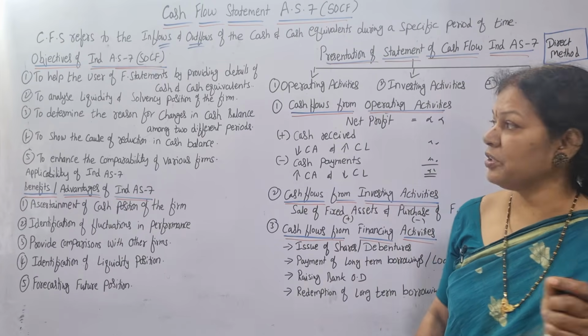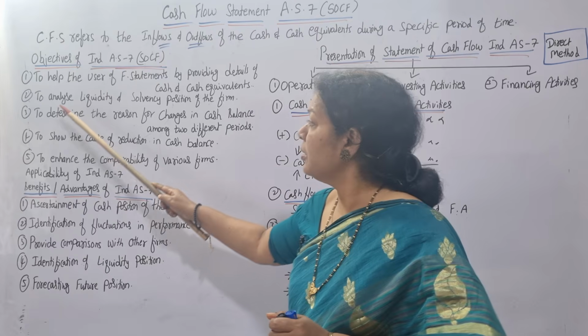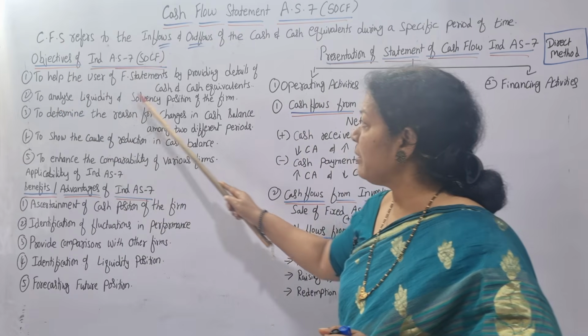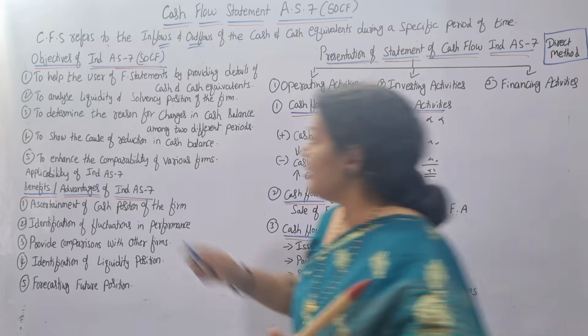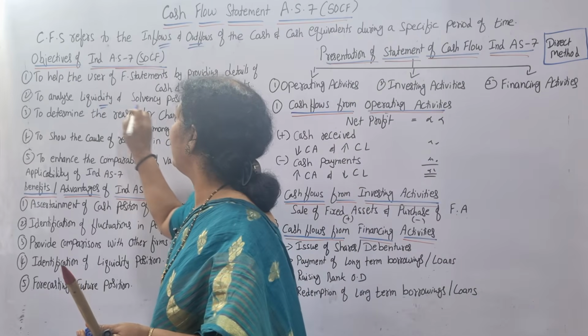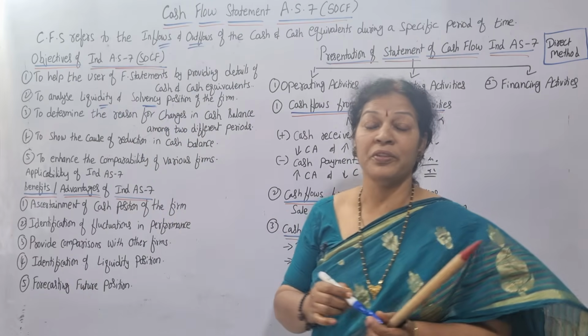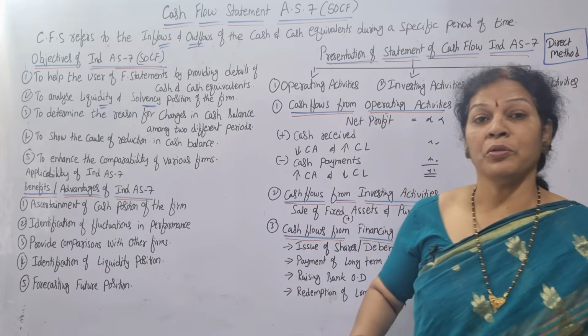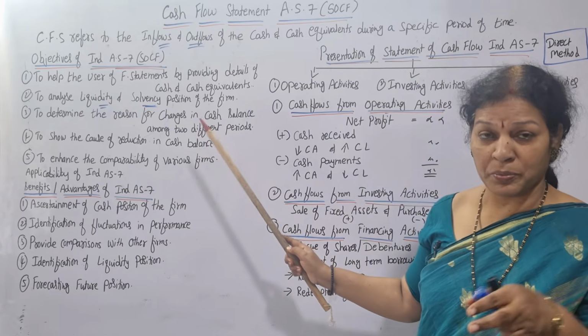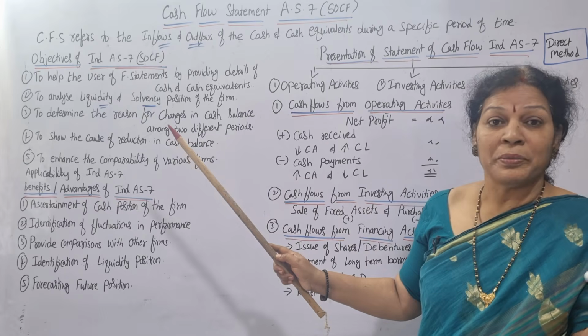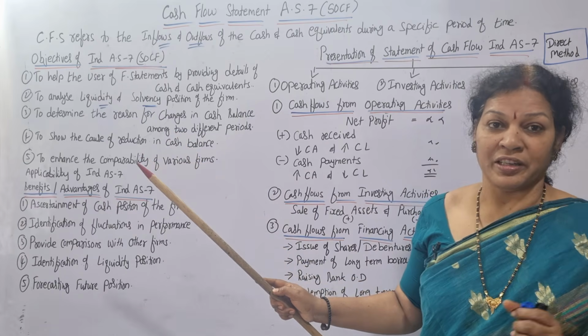This is the main objective, and the second objective is to analyze the liquidity and solvency position of the firm. You'll come to know the liquidity and solvency position of the firm. This is also a very important objective. This cash flow statement is going to reveal it very clearly.